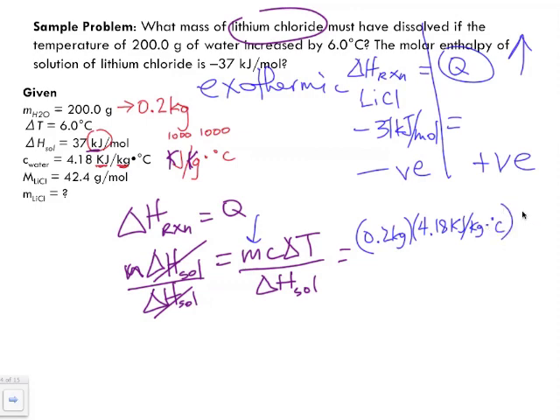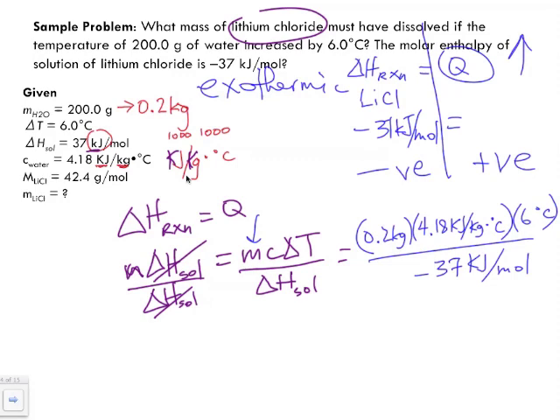Our change in temperature, as we said, is 6 degrees Celsius. And we're going to divide this by negative 37 kilojoules per mole.